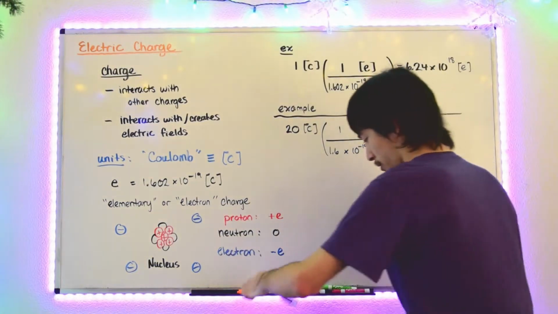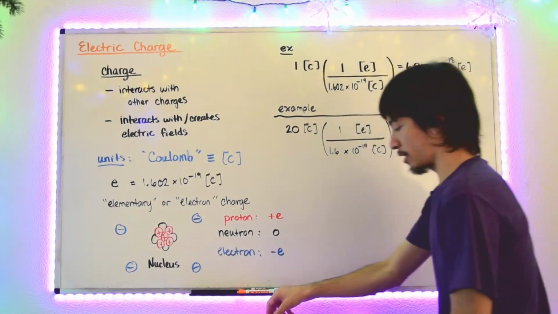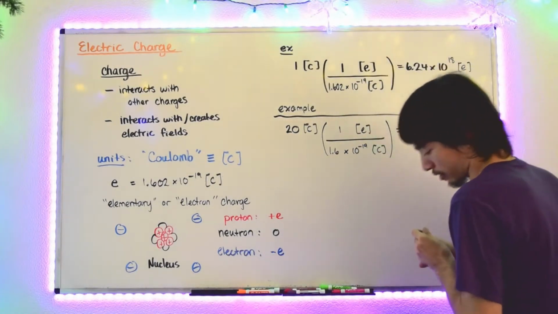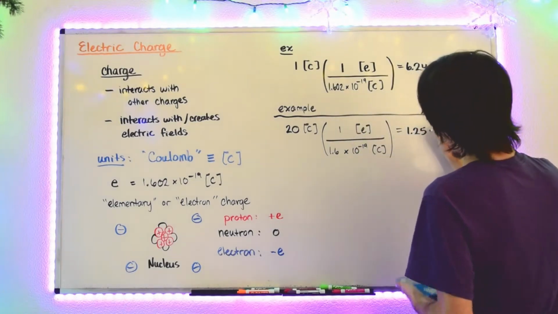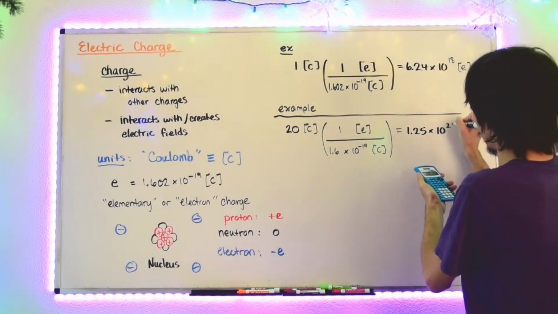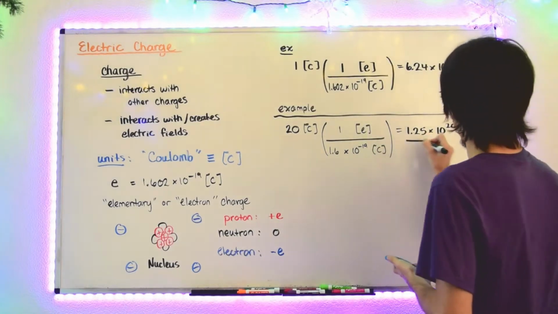Do this, equals, so it's the previous answer times 20, and we find that this corresponds to 1.25 times 10 to the 20th electrons. Okay.